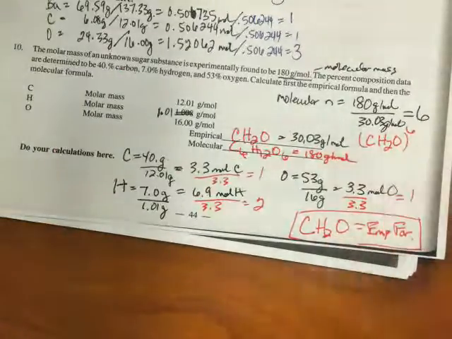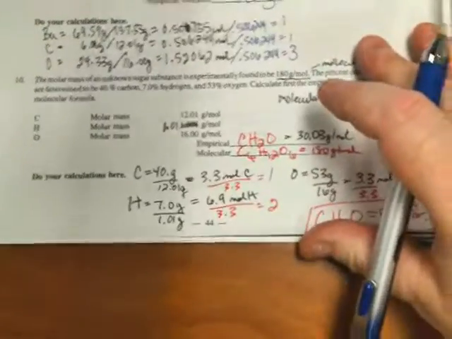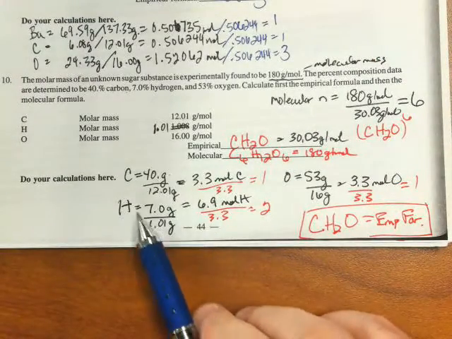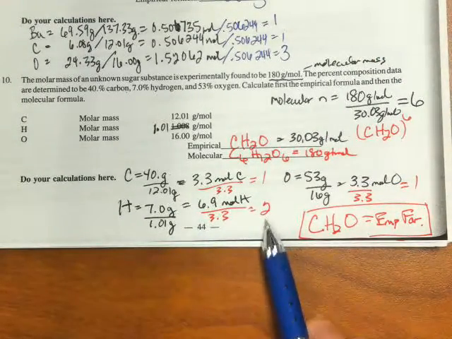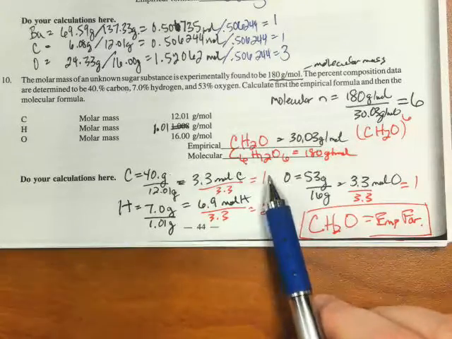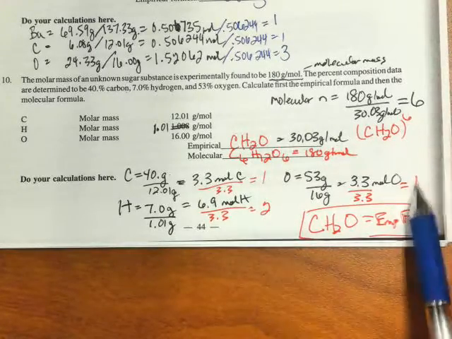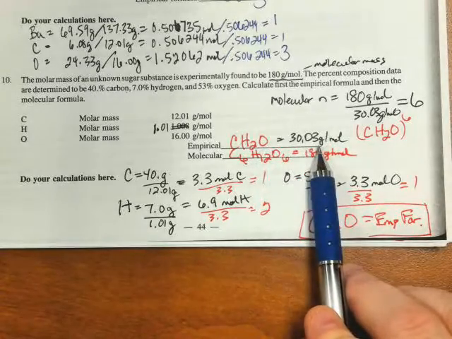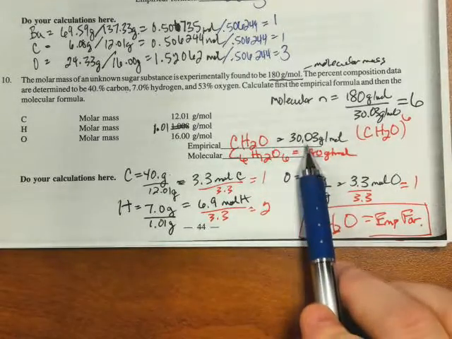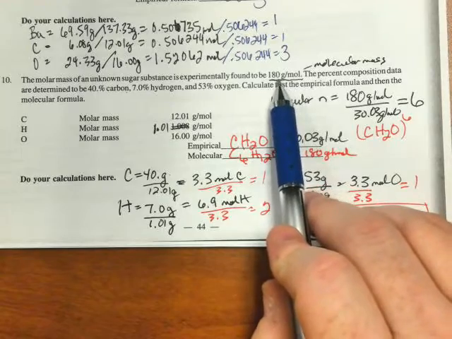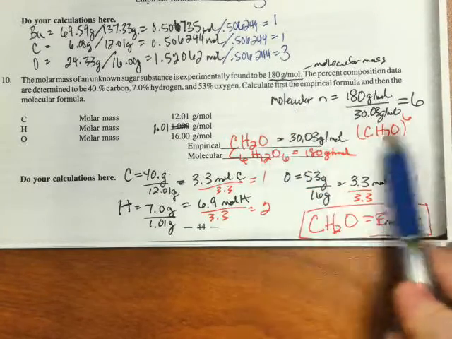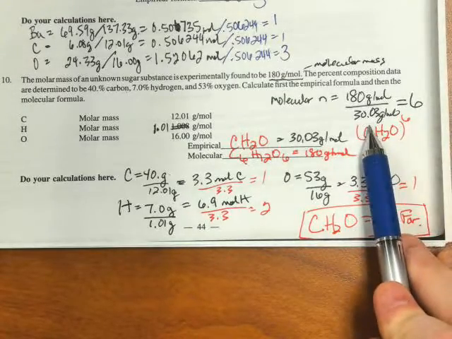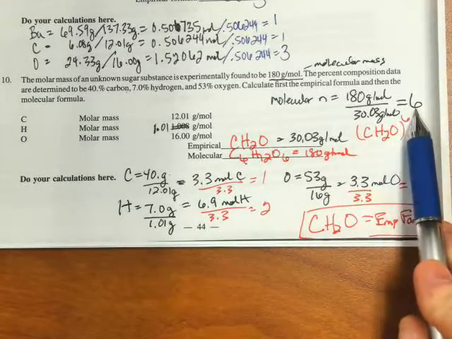All right, and then the last part here was where you had to do the whole thing. I believe I did this in class with you. This is where we had to first find the empirical, and we did that. It was CH2O, and then from the empirical, we find the empirical molar mass. Once we have that, you're given the molecular mass in the problem. You're going to divide those two, molecular divided by the empirical, to get a whole number.